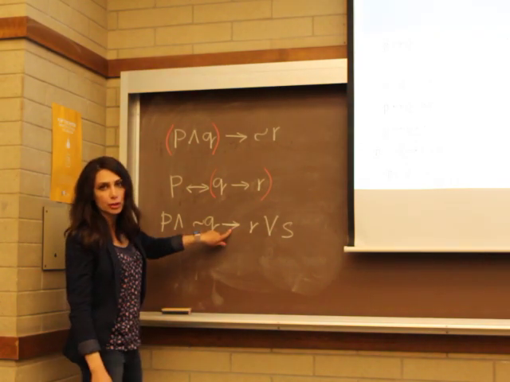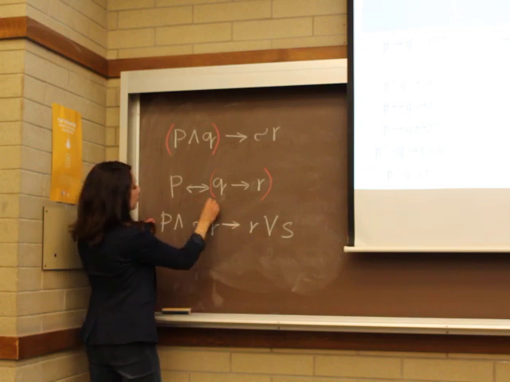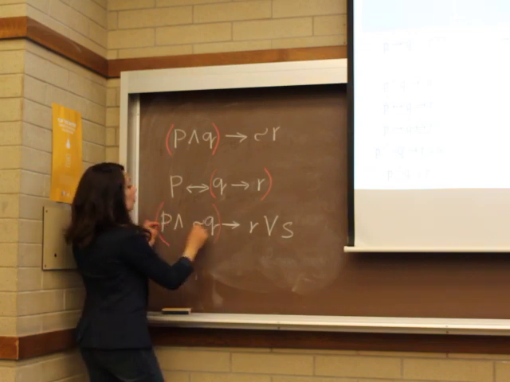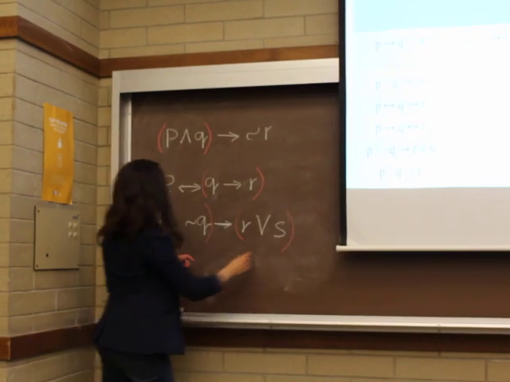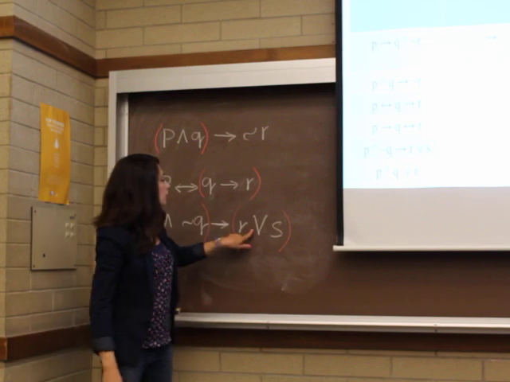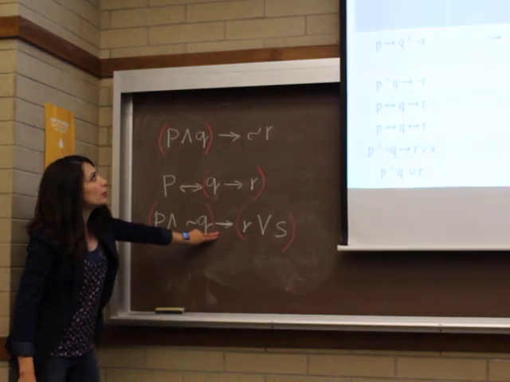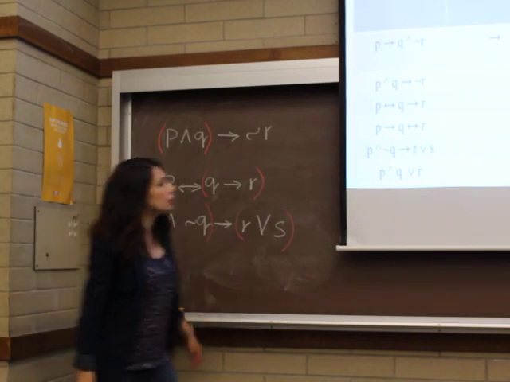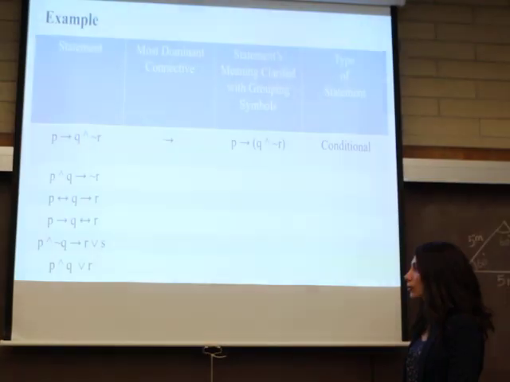That's the conditional one. Whatever you have before the most dominant connective is one group, and whatever you have after is another group. One group is P and not Q. The other group is R or S. So the most dominant is conditional, so the type of statement is conditional.